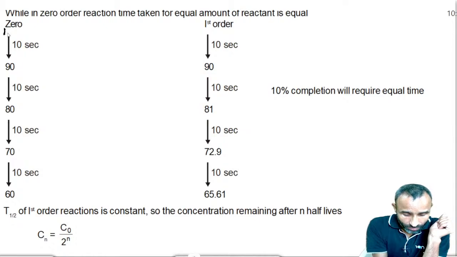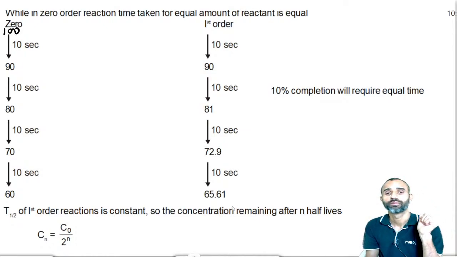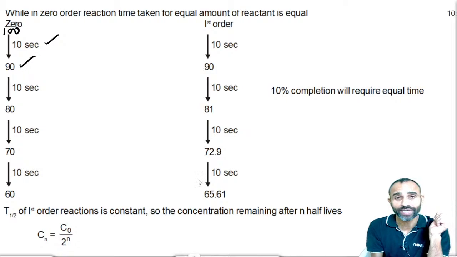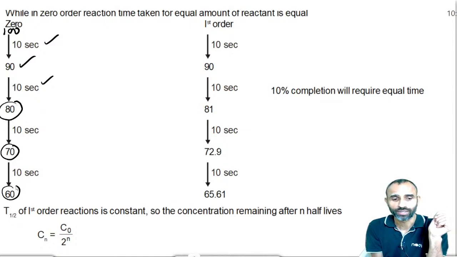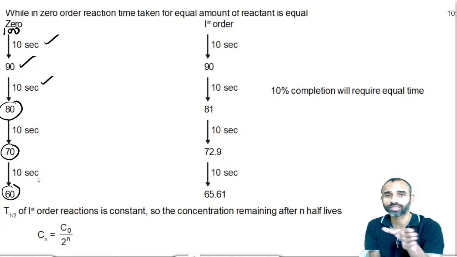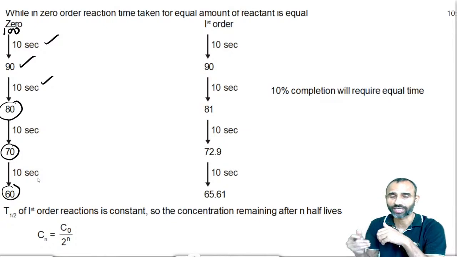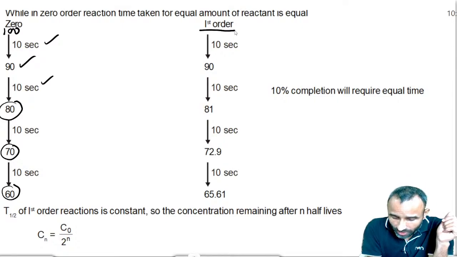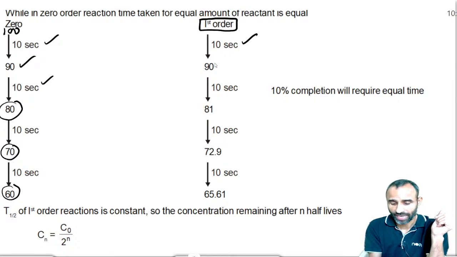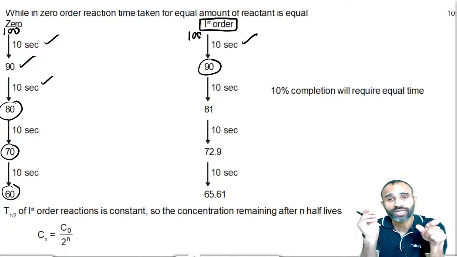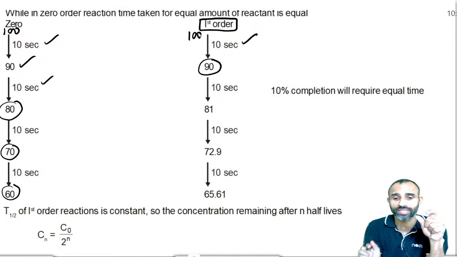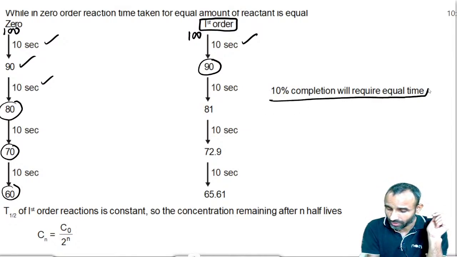If we start with 100, then after 10 seconds it is 90, then next 10 seconds it becomes 80, next 70, so zero order reaction is subtracting. But in case of first order reaction, if in 10 seconds it becomes 90, that means 10% decrease. Here we see the percentage is same. Percentage completion will require equal time.